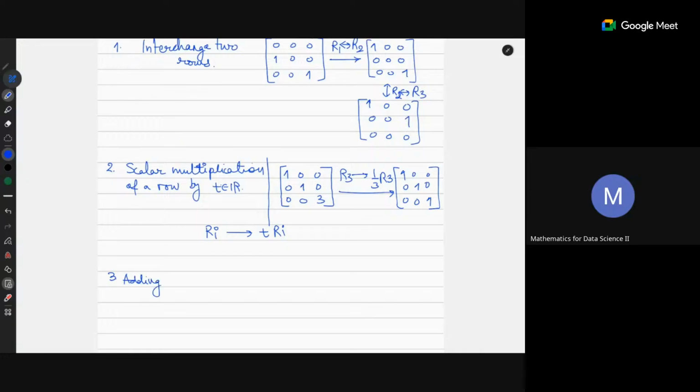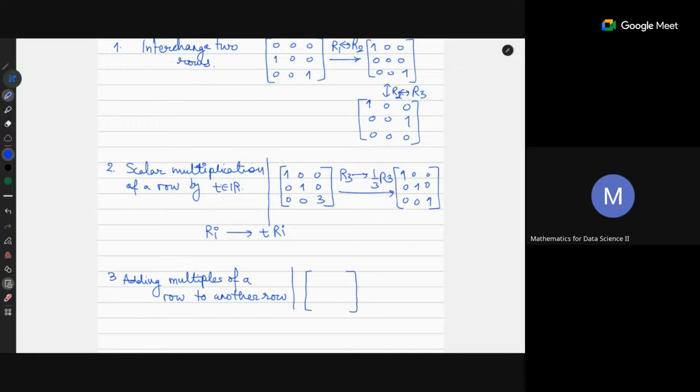Adding multiples of a row to another. So what does it mean?